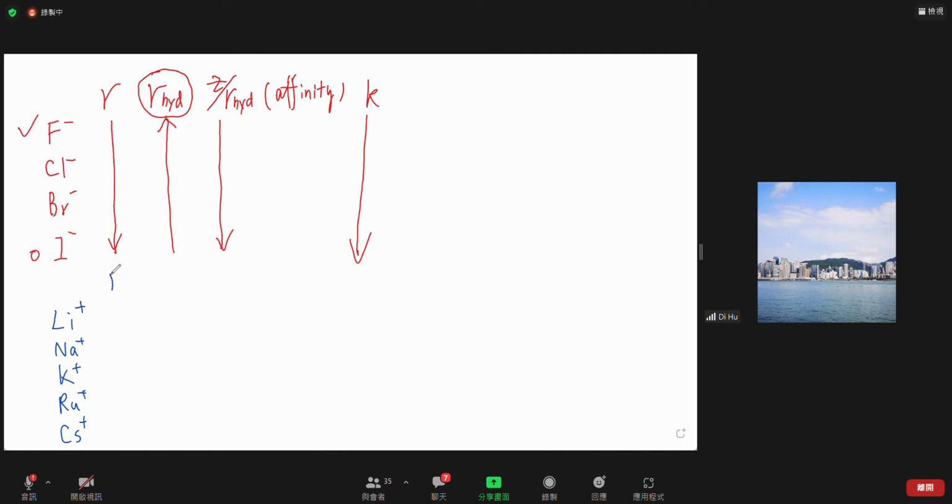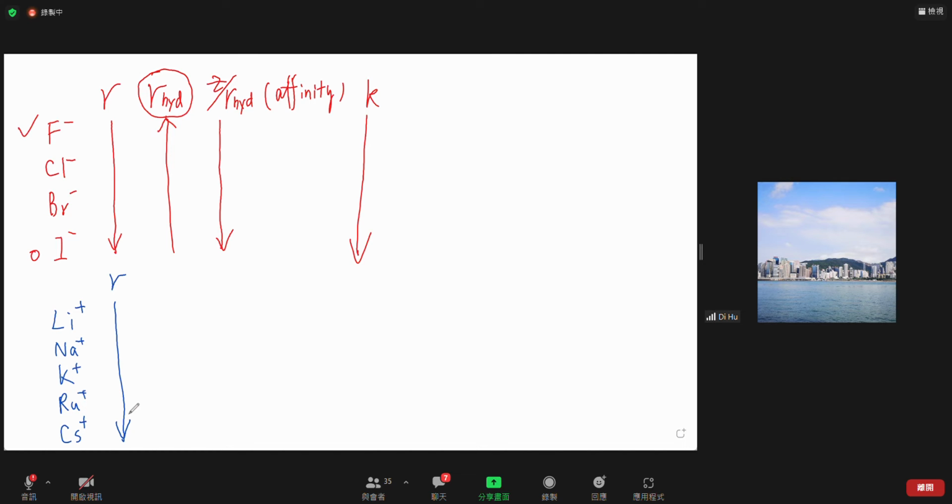How about the radius now? Again, which one is smallest for the bare ion? Again, lithium is smallest and cesium ion is largest, right? So radius also goes this way. For the bare ion, the radius for lithium is smallest, so its charge density is larger than that for potassium, for sure.